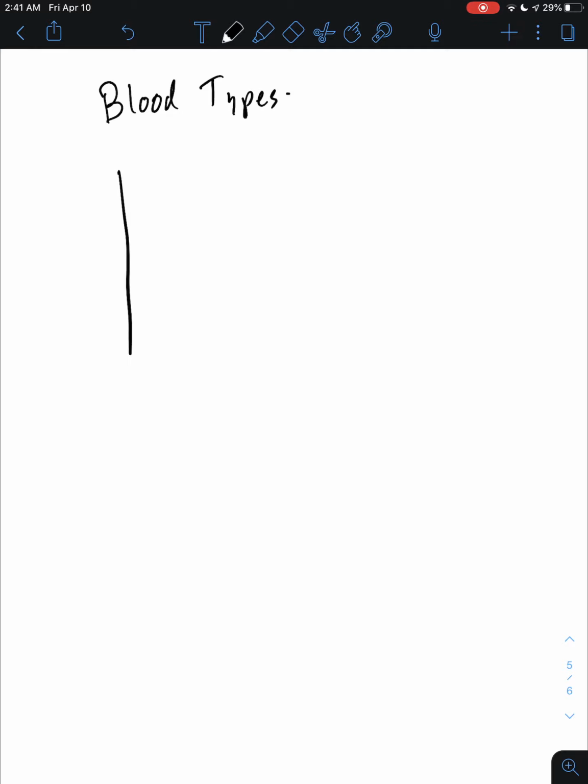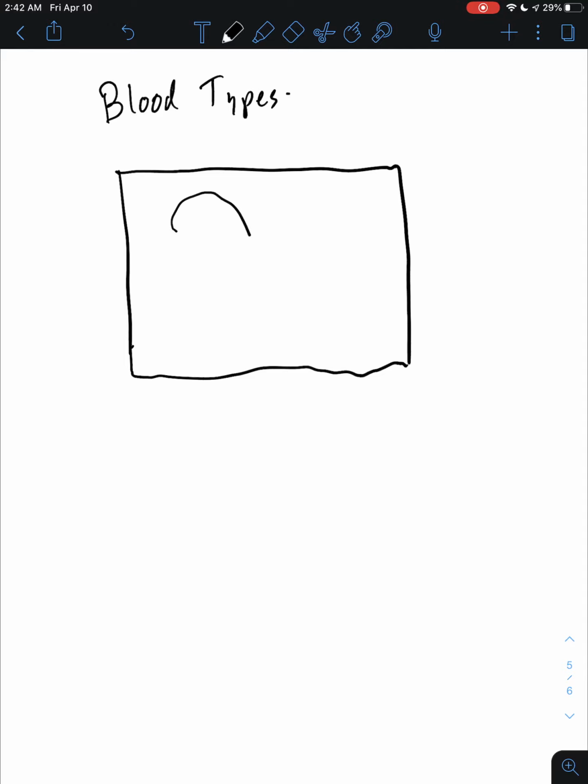So we have the universe of people with blood here, and to make it precise, we'll just look at, say, Canadians. So here's all Canadians, and I'm going to draw my Venn diagram shape, and these represent different factors that can occur in the blood.